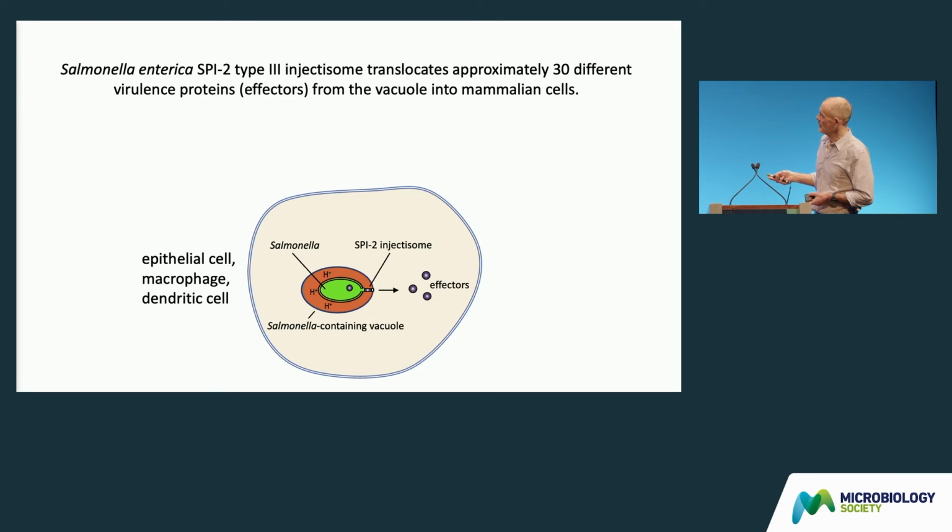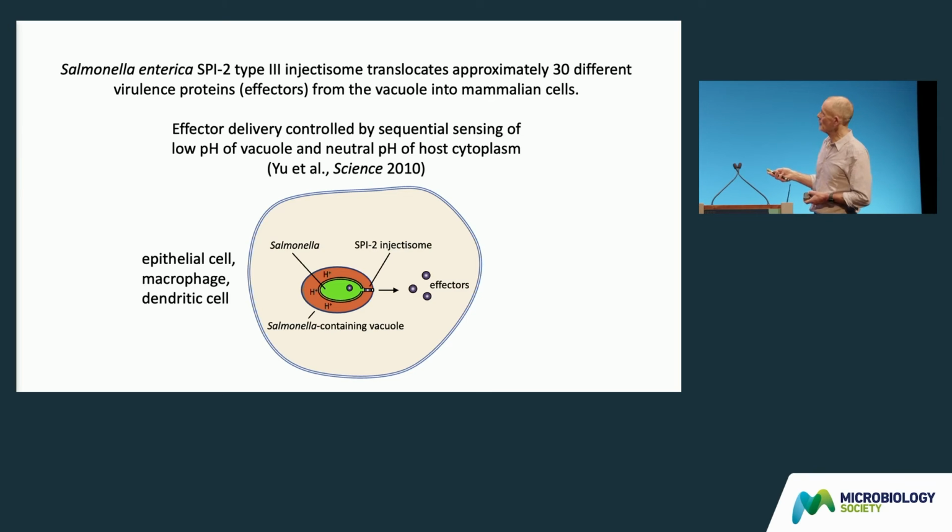So it's basically the acidification of the vacuole and nutrient deprivation that leads to the assembly of the injectosome. And then a very great colleague and postdoc in the lab, Susan Yu, showed that the delivery is exquisitely controlled.